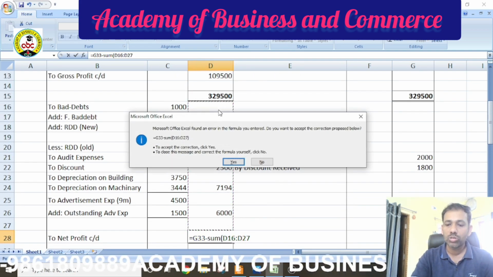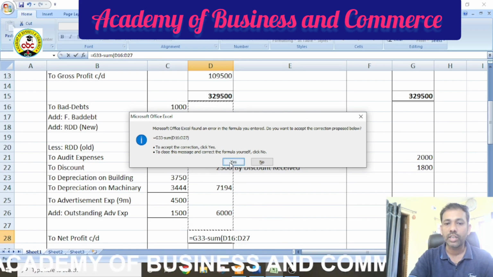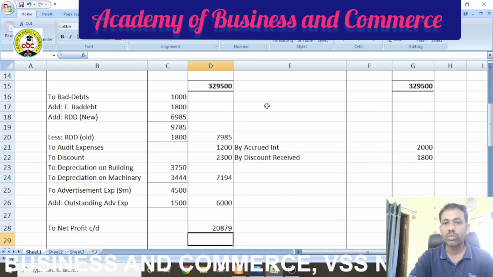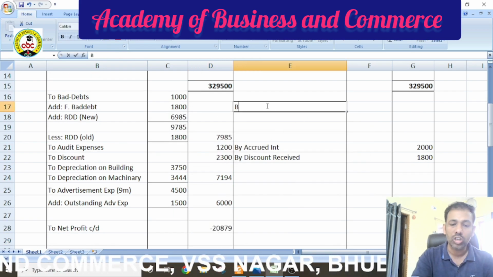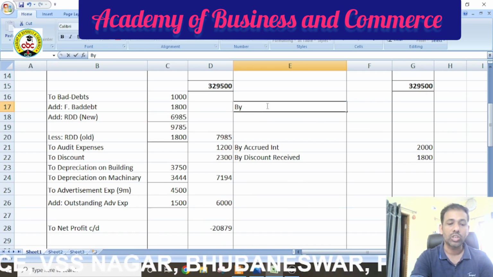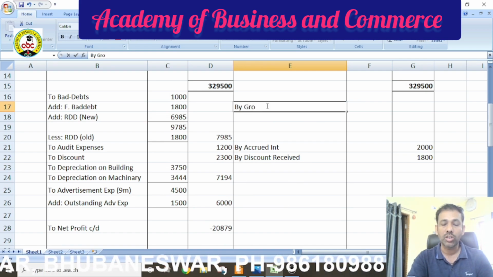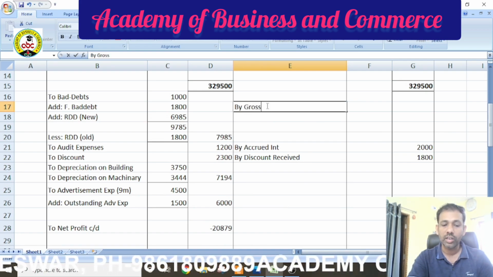And you also have to give the transfer entry by gross profit. That's why our answer was not matching. When you transfer the gross profit, then it will match.